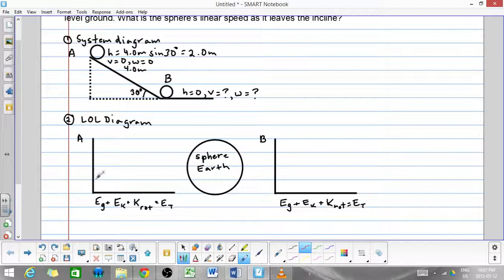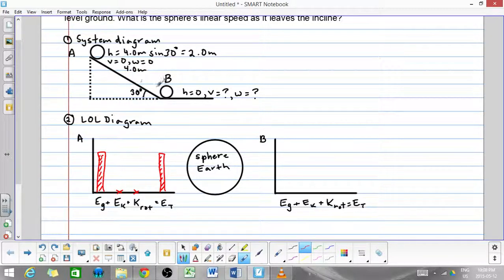All right, so starting out, all our energy is gravitational potential energy. There's no kinetic energy, no rotational kinetic energy. All the energy is EG.